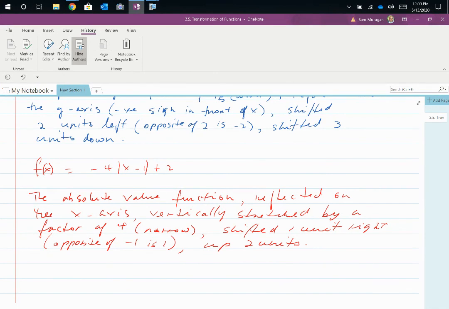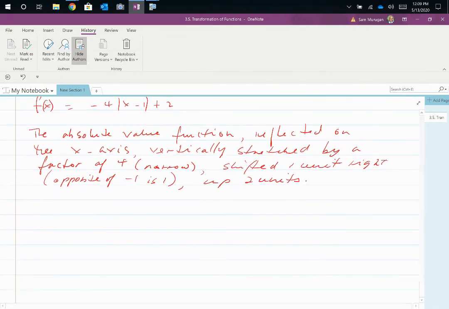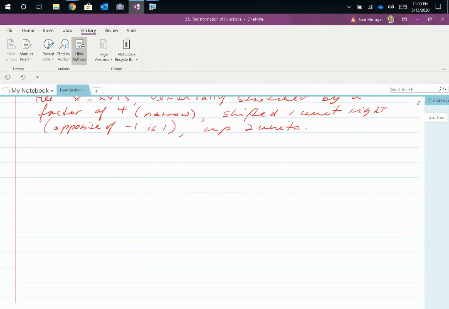Now, one other thing I wanted to do with you is to tell you how to describe functions going from left to right. So, for example, this actually matches number 7 on your homework.